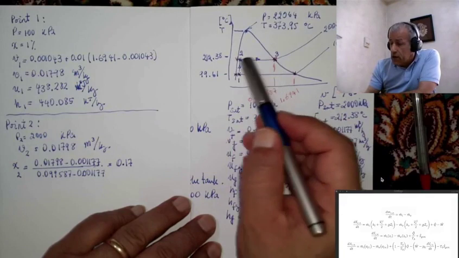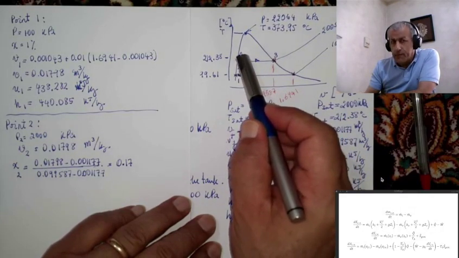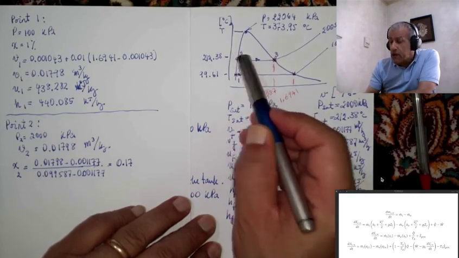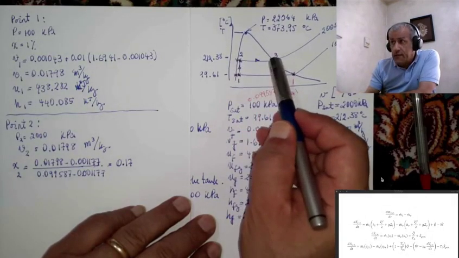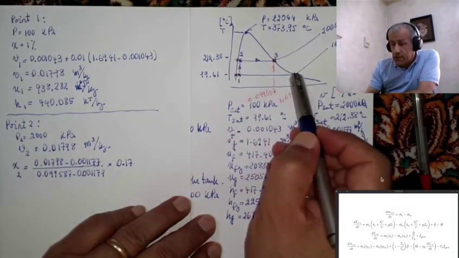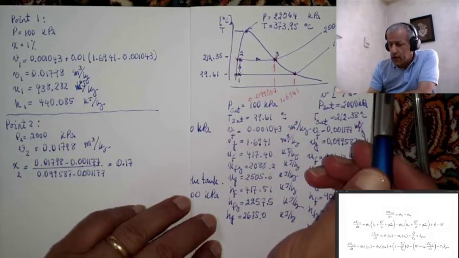And therefore, almost the same specific volume would have a much higher quality for this line than for this line, because vg here is farther away to the right.